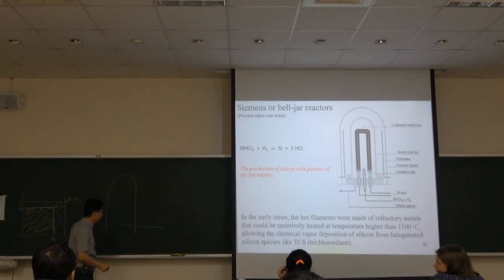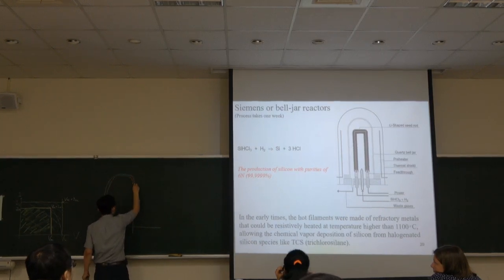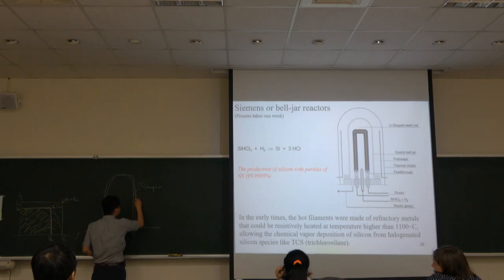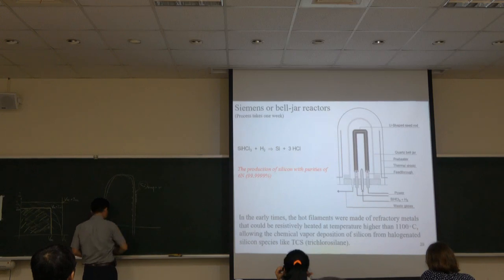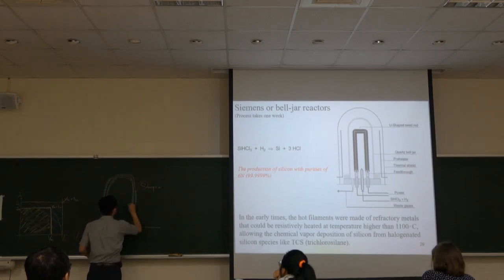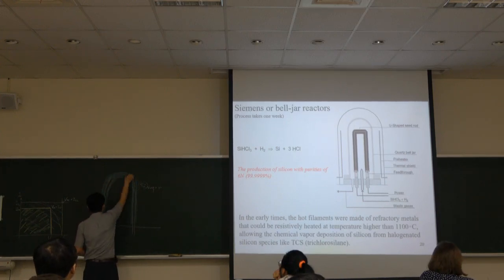There is a filament here. Because you have the silicon vapor, the atoms will be absorbed onto the filament, and then progressively silicon grows on the filament.